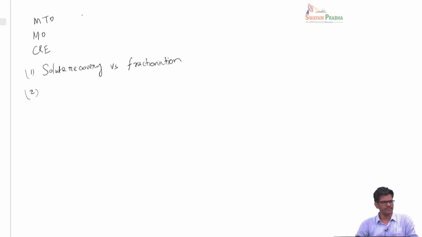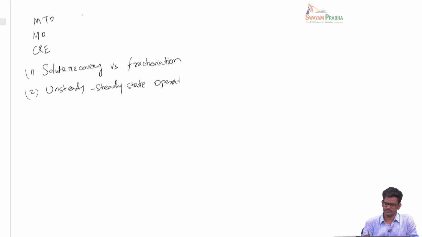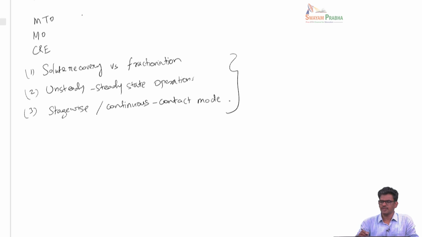Sometimes we have to decide between unsteady process versus steady state process or operations in this case. And thirdly, we have to decide whether we want to do it in a stage wise or continuous contact mode. So these are all methods of conducting mass transfer operations. Okay, so let us look at each one of them in detail.